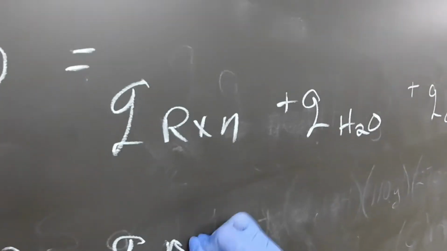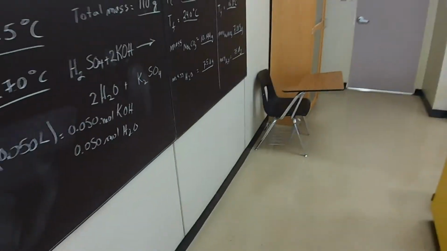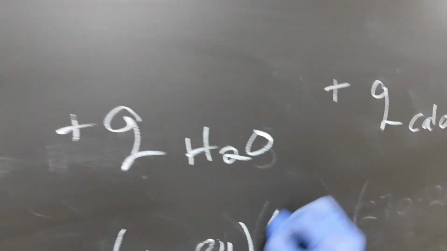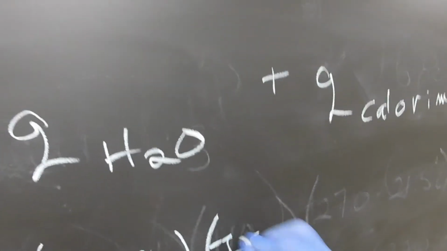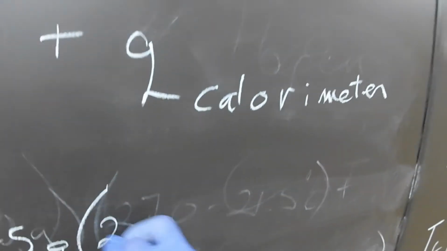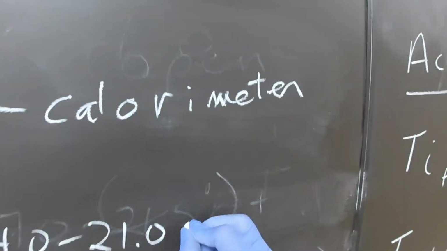We have this, it's set up like instead of, well, the heat of reaction or the heat of solution. Right? So this is going to be your unknown. And the heat of the water for sodium carbonate is 75 grams of water, 4.184 specific heat, 75 grams, and final temperature, 24 minus 21 initial temperature.